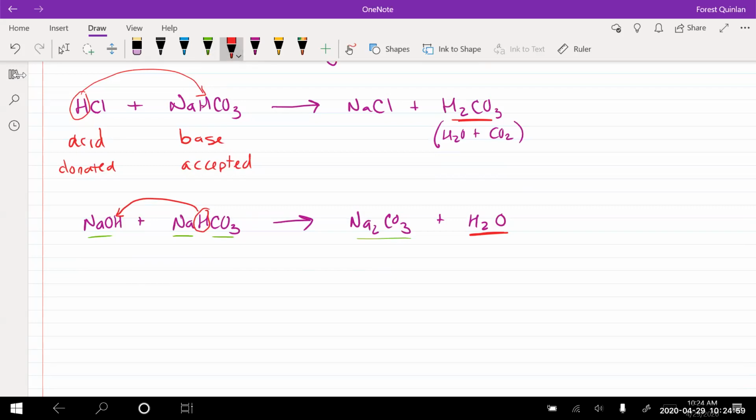In this case, that means that that sodium hydrogen carbonate happens to be the acid because it donated the proton, which means sodium hydroxide, which we know is the base, is also a base because it accepted.